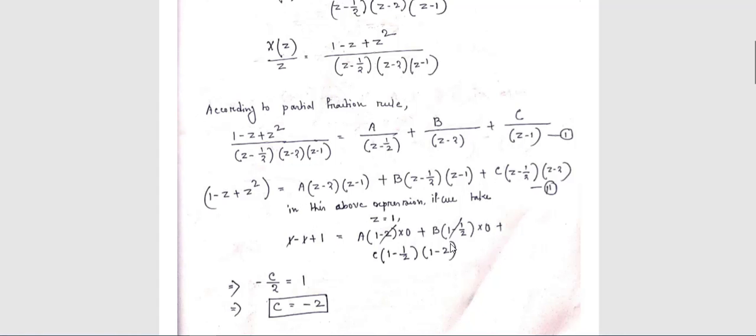Now if you want to calculate the values of A, B, C, choose z is equal to 1. Why do I choose z is equal to 1? See here, if we choose z is equal to 1, that means 1 minus 1 is 0. If you multiply 0 with something, your overall result will be 0.